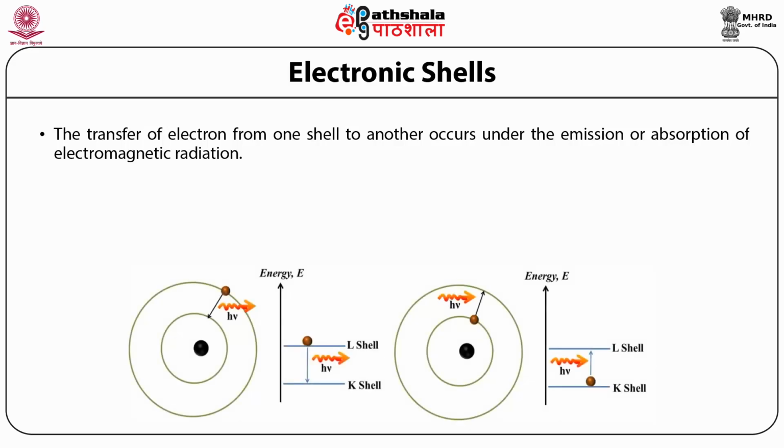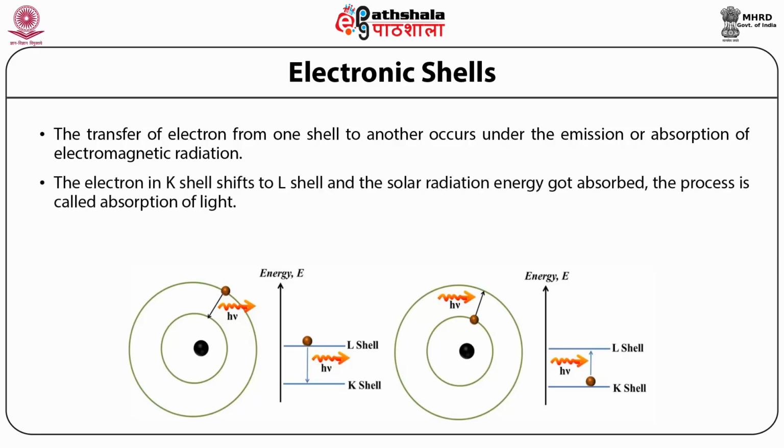The figure shows the schematic of the emission and absorption of light during the electron transfer from the K to the L shell. As shown in the schematic of the absorption of light, when solar radiation hits the atom, the electron in the K shell shifts to the L shell and the solar radiation is absorbed.